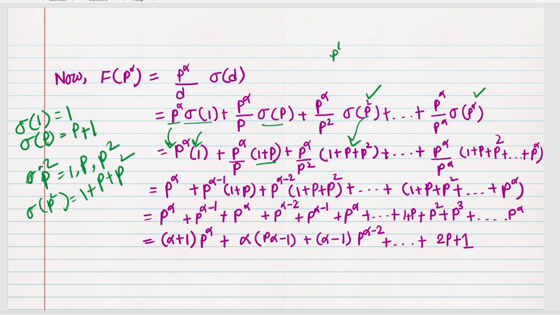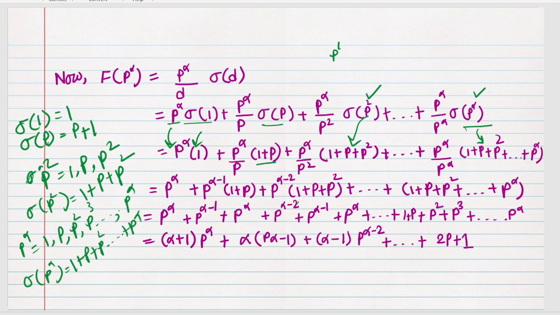Similarly, for p raised to the power alpha, the divisors will be 1, p, p square, p cube, and so on up to p raised to the power alpha, so sigma of p raised to the power alpha is the sum 1 plus p plus p square and so on up to p raised to the power alpha.